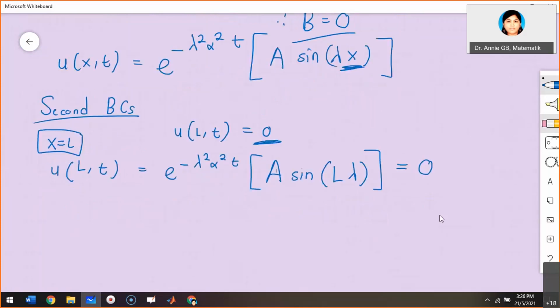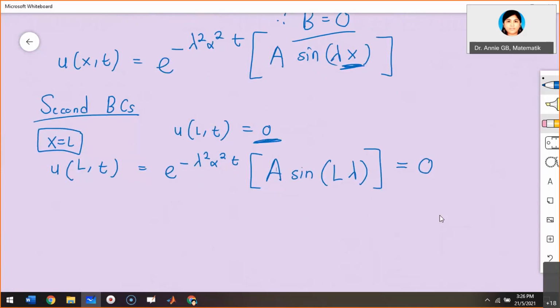Okay, now obviously saya boleh bahagi dengan semua dengan eksponen. So dia akan tinggal A sin L lambda equals to 0.